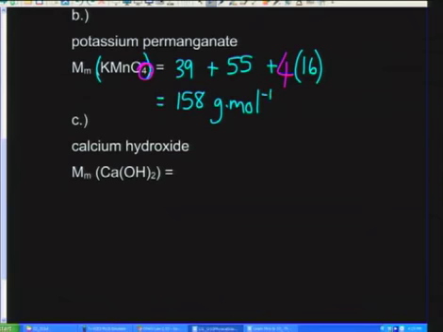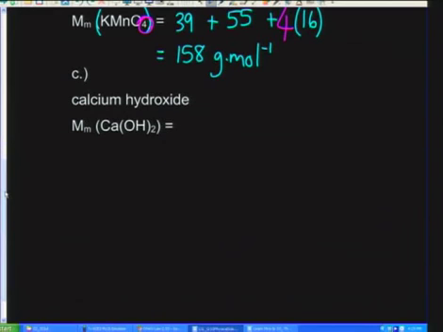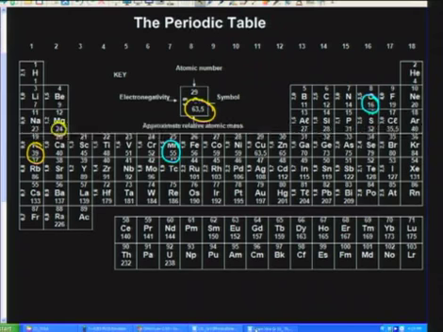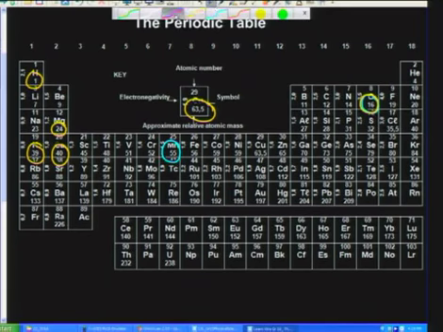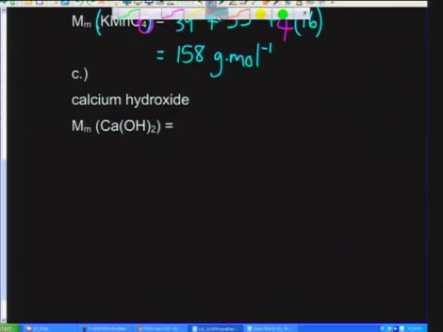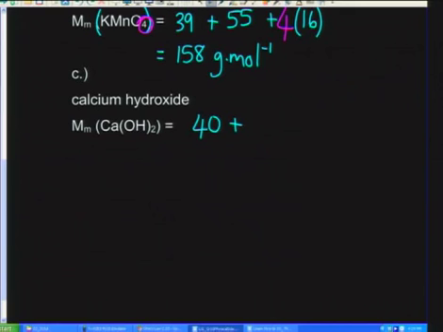Last one, calcium hydroxide. Let's go to the periodic table. Calcium is 40. There it is. Oxygen I've got is 16. And hydrogen, mine is rounded off to 1. So let's go back here. We've got calcium was 40 plus. Now, hold on a moment.